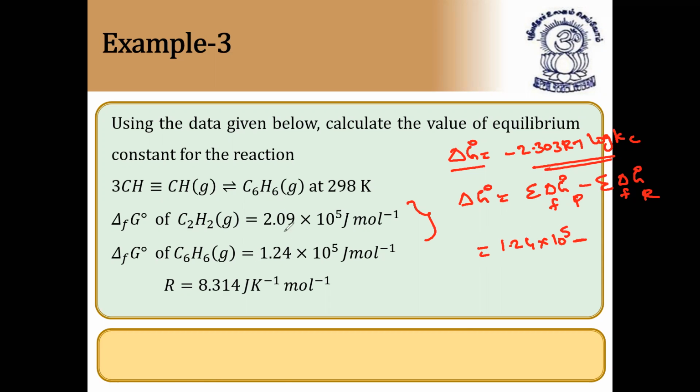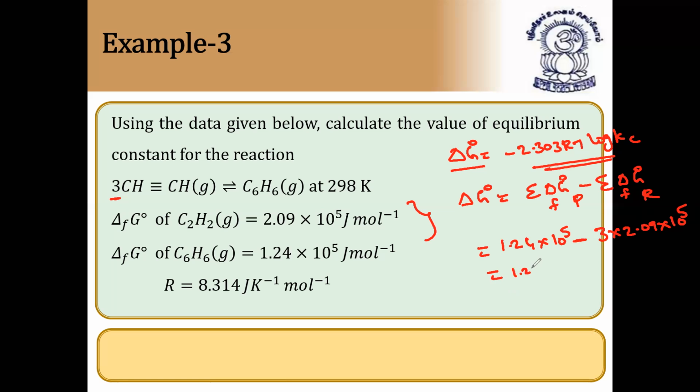minus 2.09 into 10 to the power 5 into 3, because we have to multiply with 3, as 3 moles are used. So 3 into 2.09 into 10 to the power 5. If you calculate this, you will get the delta G value. Now I'm doing the calculation part.